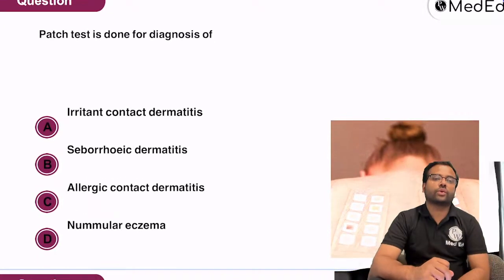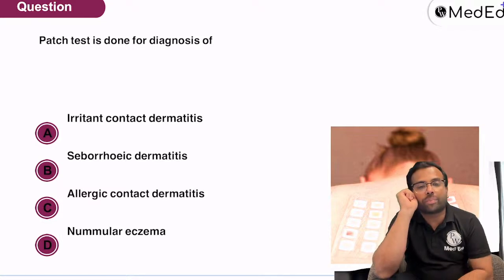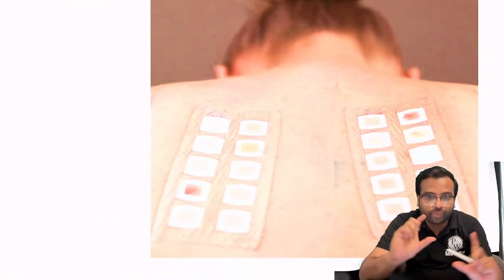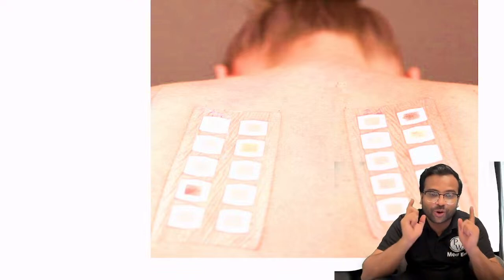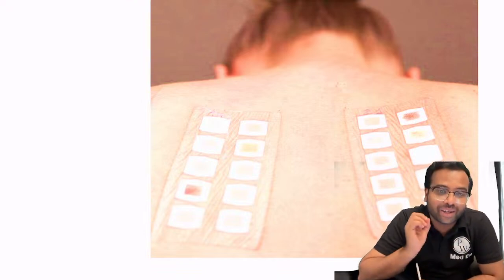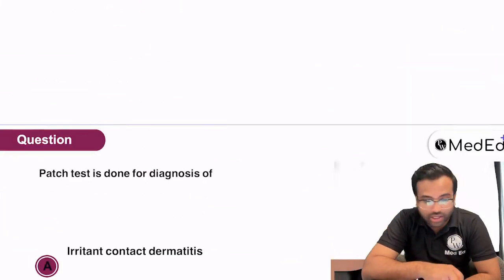So now let's see another question. Patch test is done for. So why do we do a patch test? If you want to see an image of a patch test, that is also given here. Great photography, right? It is not taken in the normal angle how we take. So this is showing an image of a patch test. Where do you do a patch test?